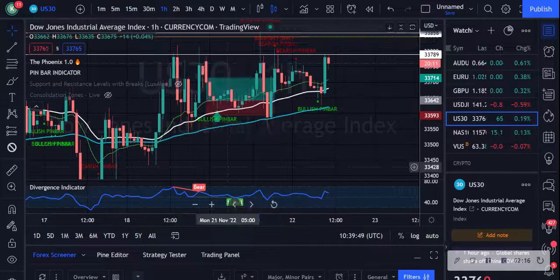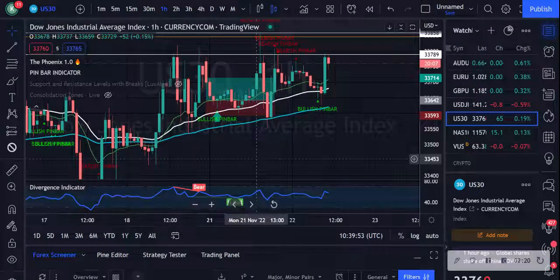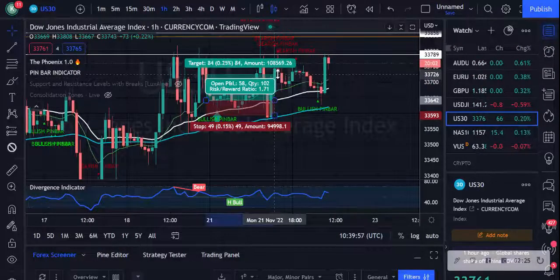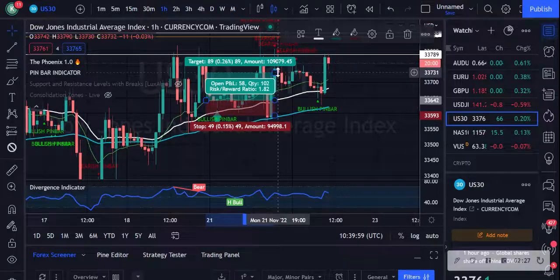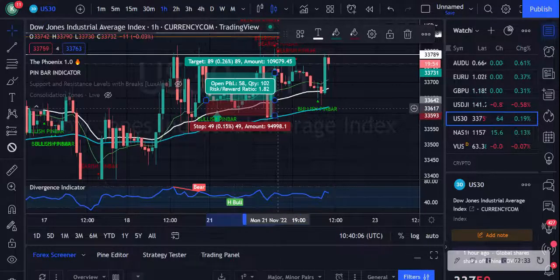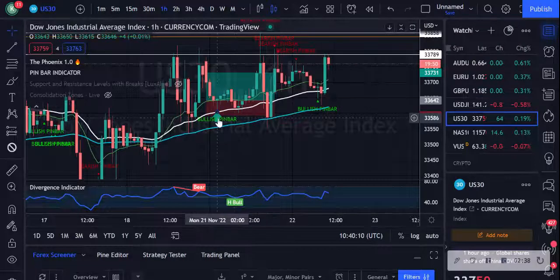And I closed it at the close of this candle here, slightly more than my take profit, because I manually exited the trade. The stop loss was about 50 pips and take profit was about 90 pips plus minus. So this is the trade that panned out really well.